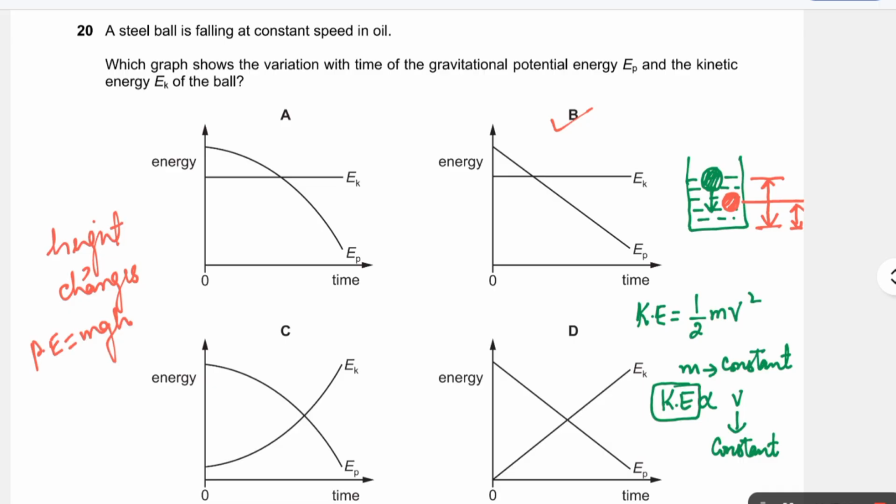Acceleration due to gravity is not changed. mg will not change. So what will happen? h is changed. Increased or decreased? h is decreased. So definitely the potential energy is the downward direction graph and the kinetic energy remains constant. I hope you understand very well.